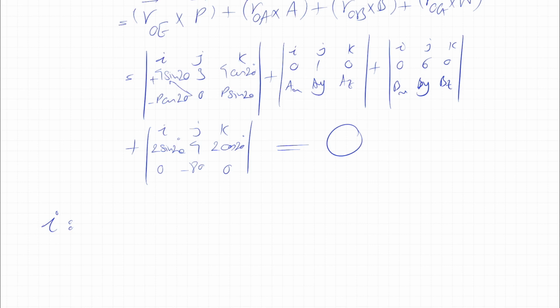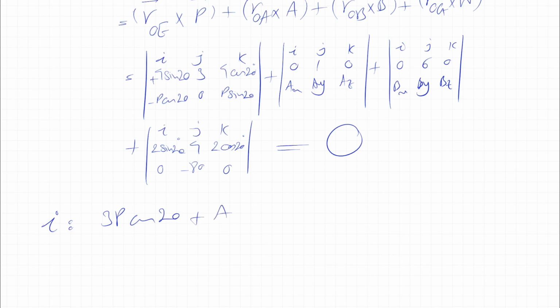From the first matrix, we have 4 times (0, 4 times sine of 20 times 0 minus 3 times minus P cosine of 20). So we'll have positive 3P cosine of 20.